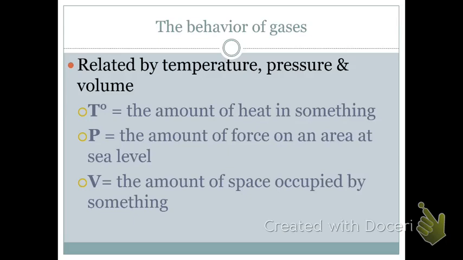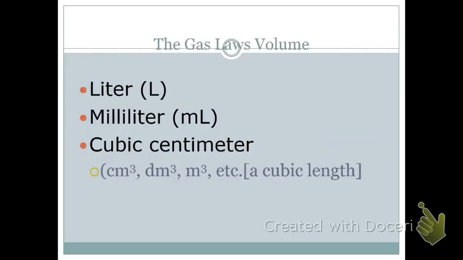Okay, these terms should not be unfamiliar to you. We're just taking them, and now we're looking at the behavior of gases using that information. When we talk about volume of gases, the units that we use are very important.